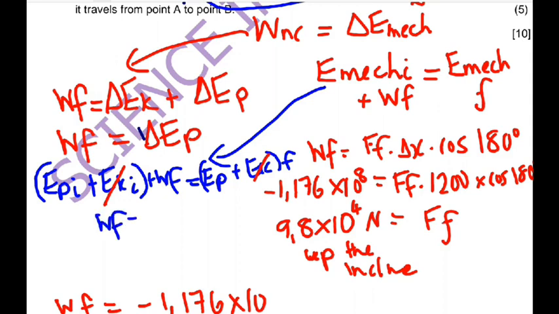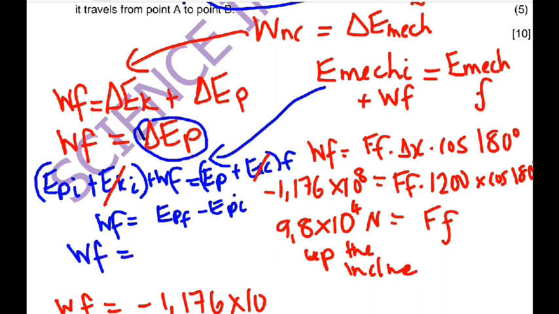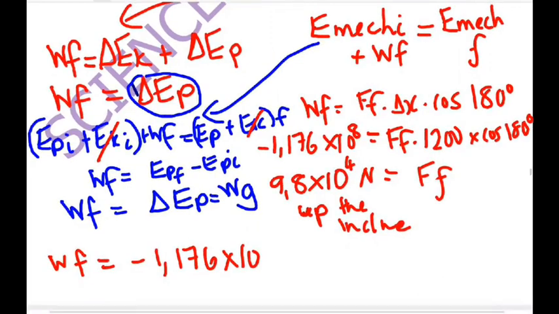So we can now say the work done by friction is equal to EP final minus EP initial. EP final minus EP initial is the same as this one, delta EP. So we come back again to work done by friction equals delta EP, which is the work done by gravity. And we'll end up with the same answer. Work done by friction is that amount.